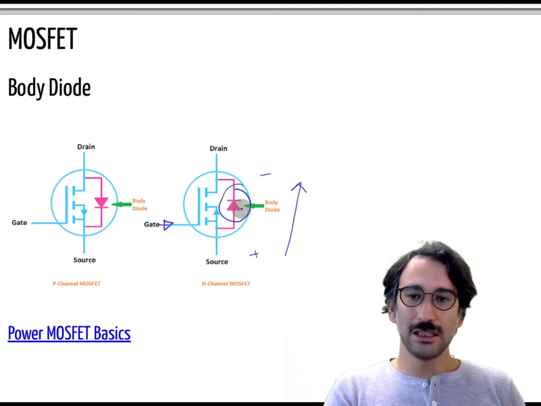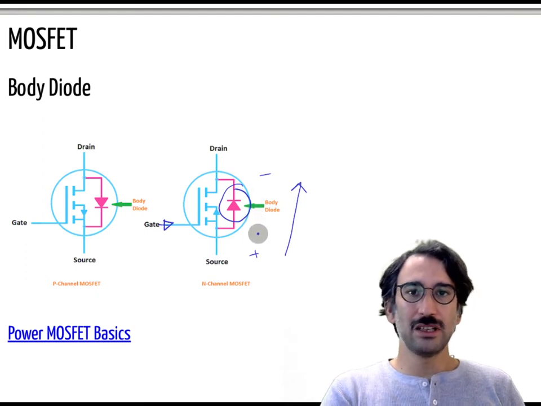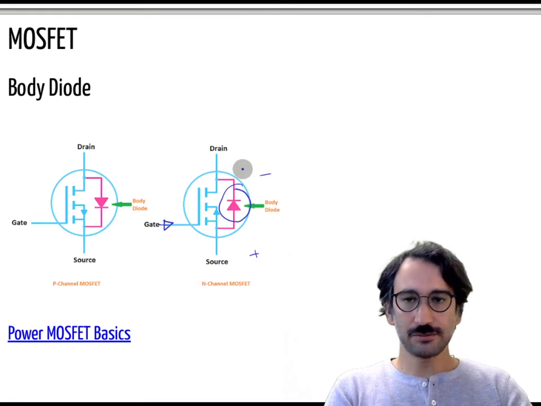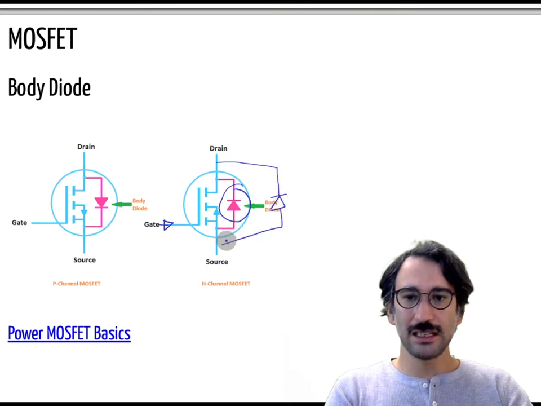Due to that body diode, there's a path for freewheeling the current, but if you are going at really high frequencies, that body diode is not fast enough. So if you want to increase the efficiency, or the operating frequency, sometimes you add an external fast diode for that freewheeling effect.